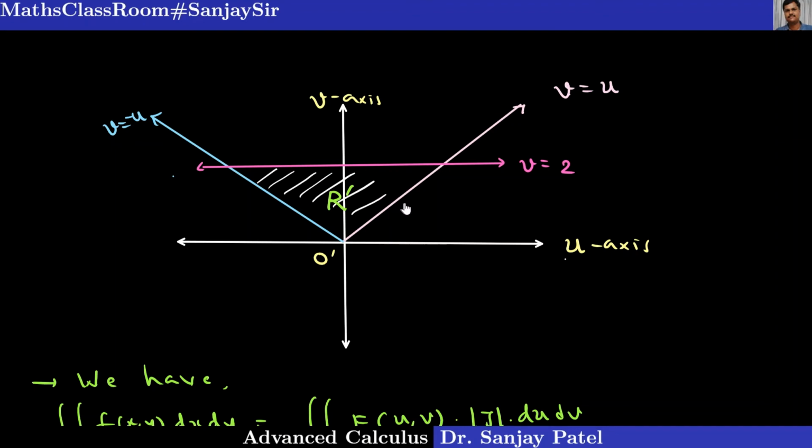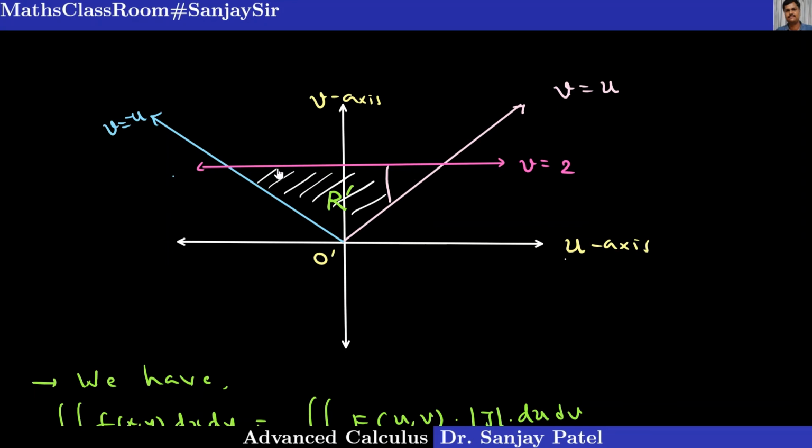You see, if you want to integrate with respect to the variable v first, you must take an arbitrary strip parallel to v axis. V axis means y axis. So if I take a strip over here, then the end parts of the strip, here it is lying on this line and here it is lying on this line.